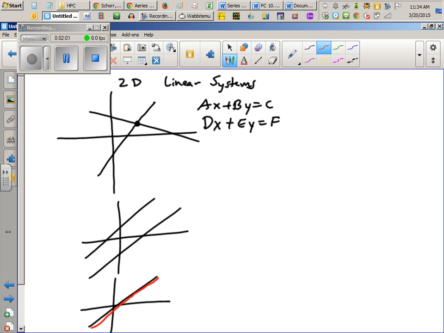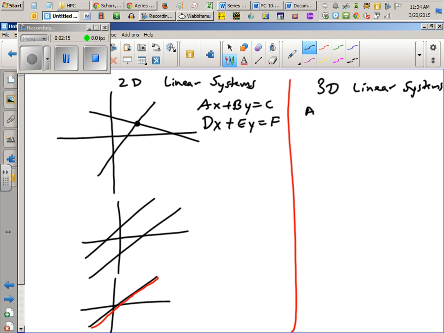Then we did a 3D linear system, but still linear. So the 3D linear systems we spent quite a few days on. The 3D linear systems have equations like ax plus by plus cz equals d, ex plus fy plus gz equals h.